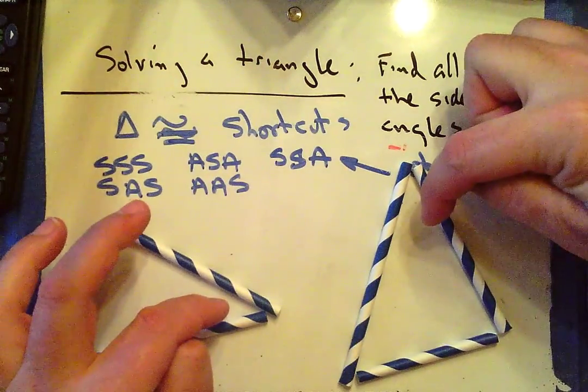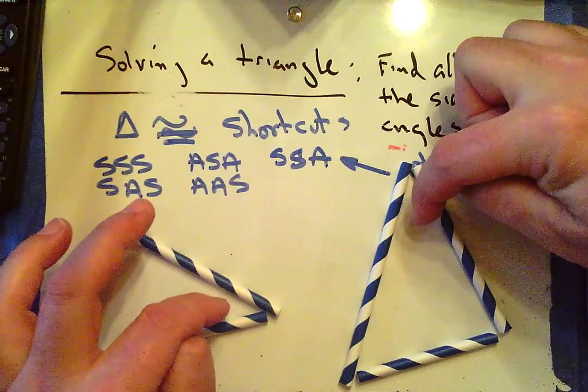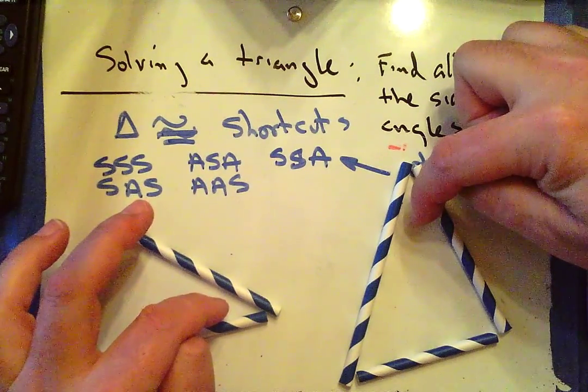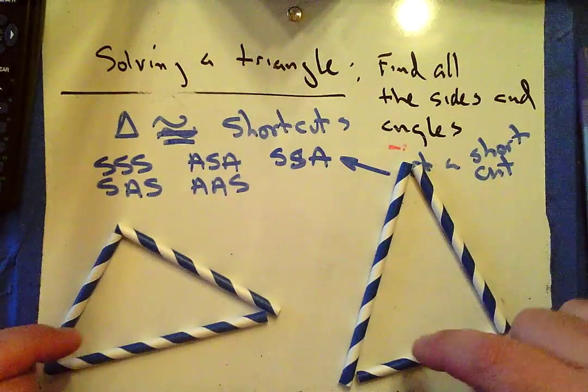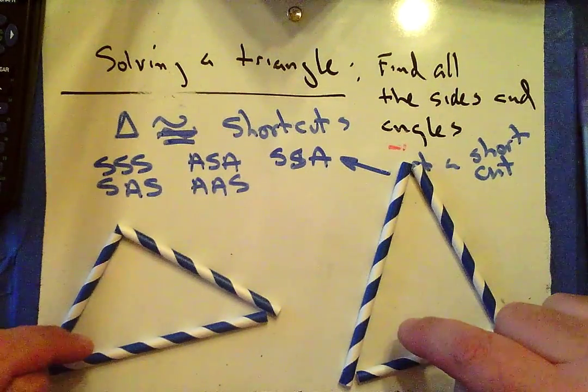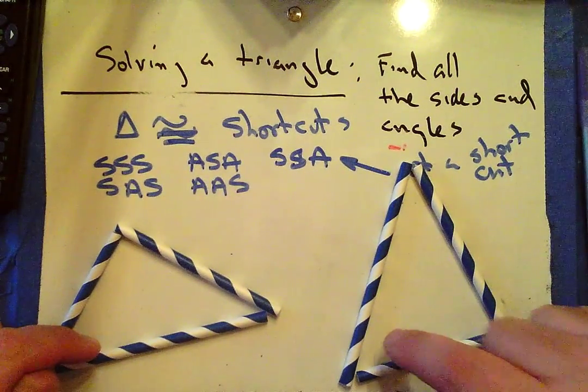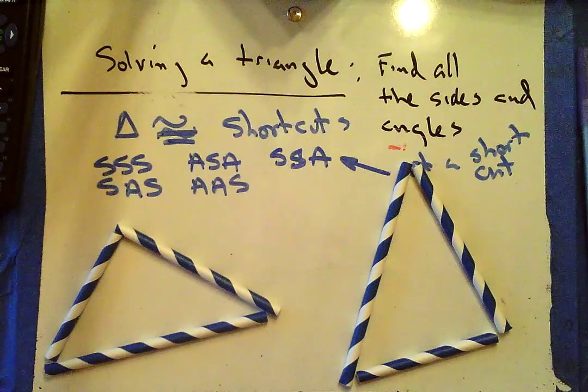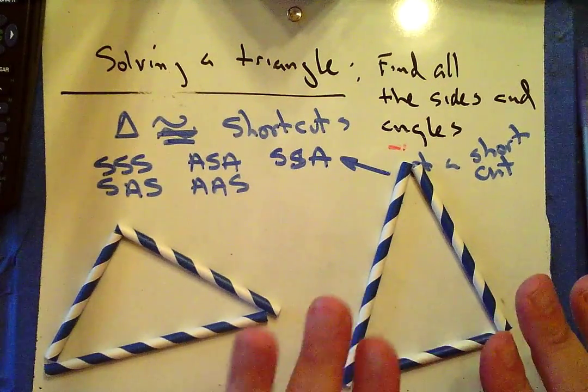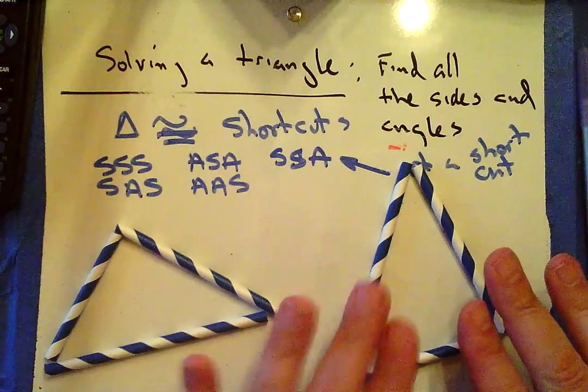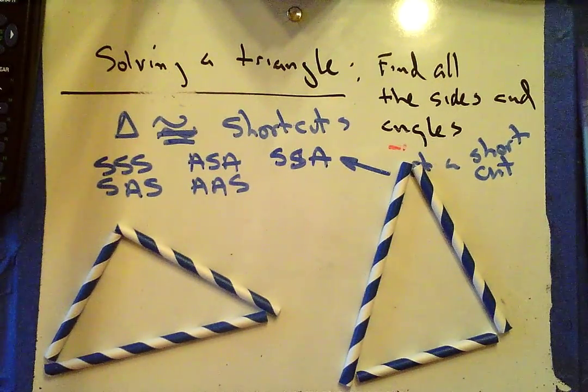If we measured these angles or used our trig to find them, we would find these angles are the same, and these angles are the same. So we can only make one triangle when we're given all three sides. All three sides will lock into place and create one specific triangle.